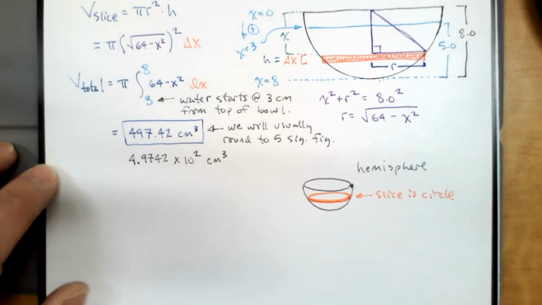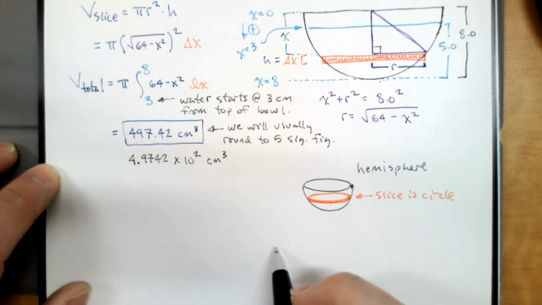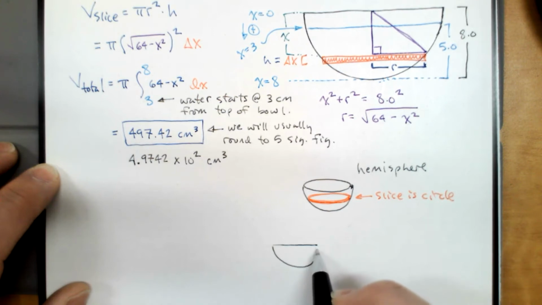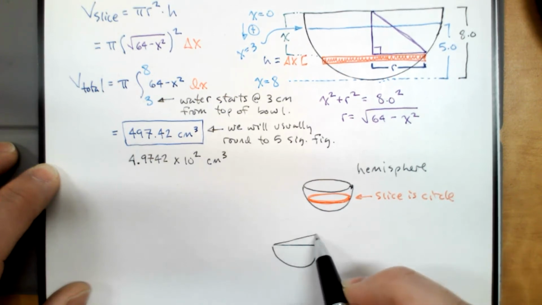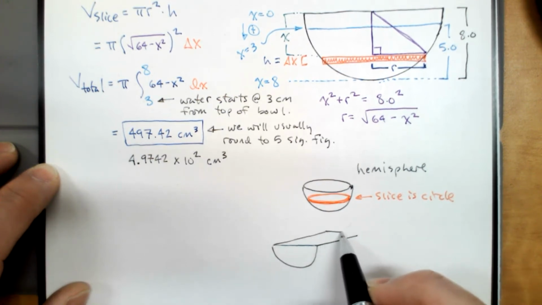so what we're going to switch to now is we're going to think of a half of a cylinder.